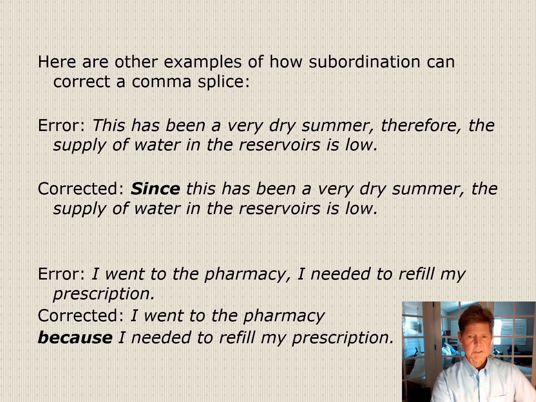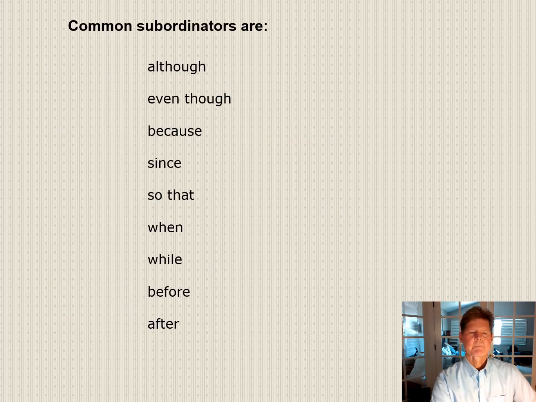I went to the pharmacy, comma, I needed to refill my prescription. Corrected. I went to the pharmacy because I needed to refill my prescription. Common subordinators are although, even though, because, since, so that, when, while, before, after.